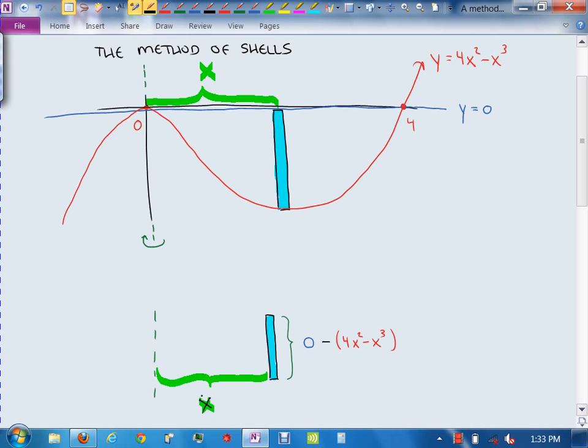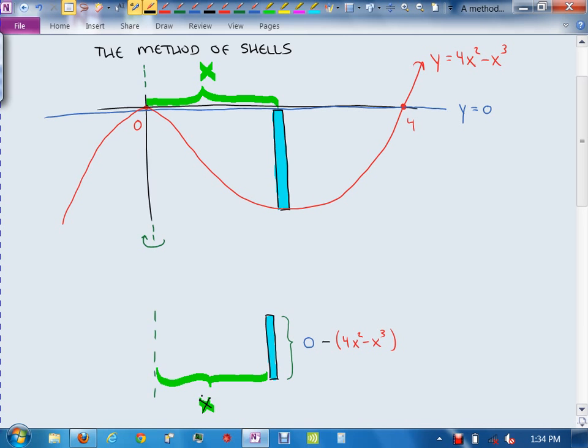The height of the function is the top minus the bottom. What's the top function? y equals 0, minus the bottom function, which is the cubic polynomial, right? So we have the top and bottom.